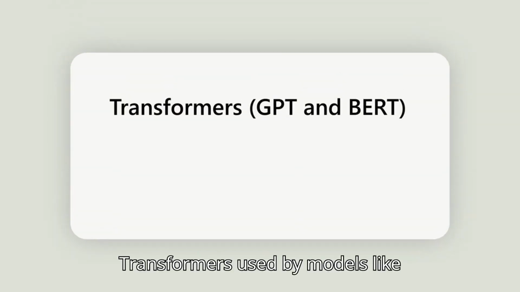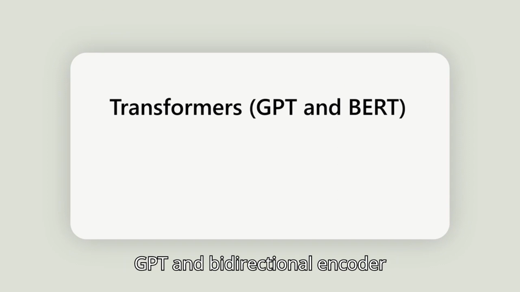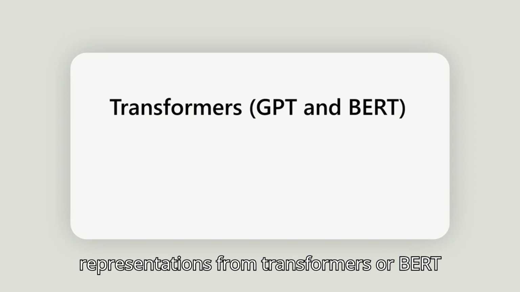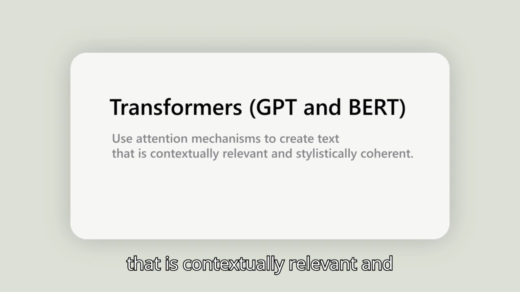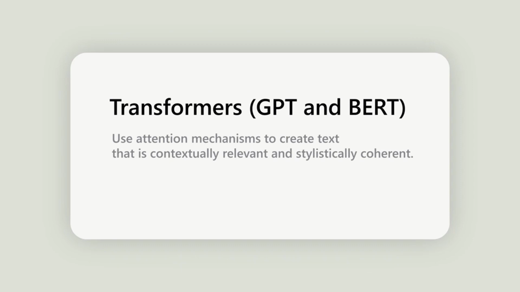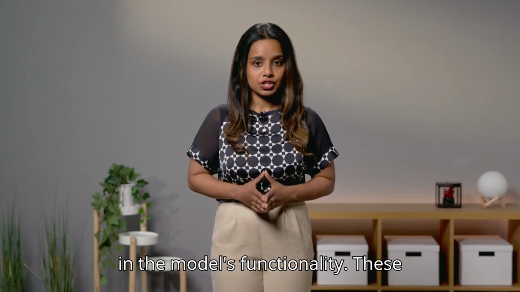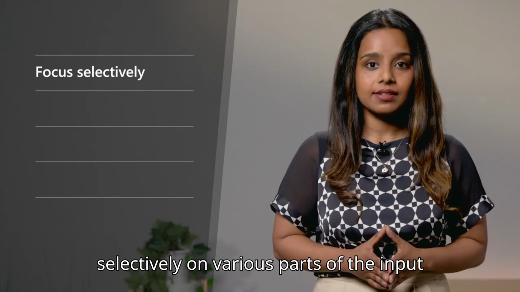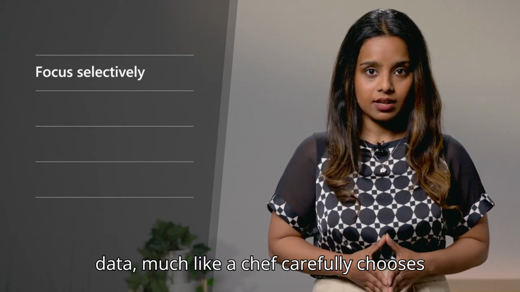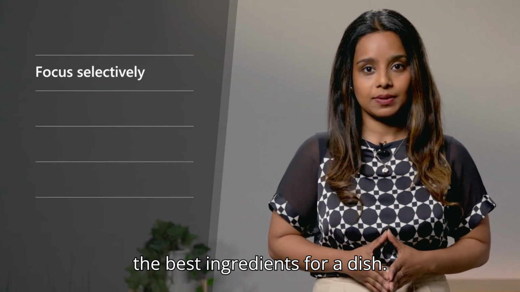Transformers used by models like Generative Pre-trained Transformer or GPT and Bidirectional Encoder Representations from Transformers or BERT use attention mechanisms to create text that is contextually relevant and stylistically coherent. Attention mechanisms play a crucial role in the model's functionality. These mechanisms enable the model to focus selectively on various parts of the input data, much like a chef carefully chooses the best ingredients for a dish.